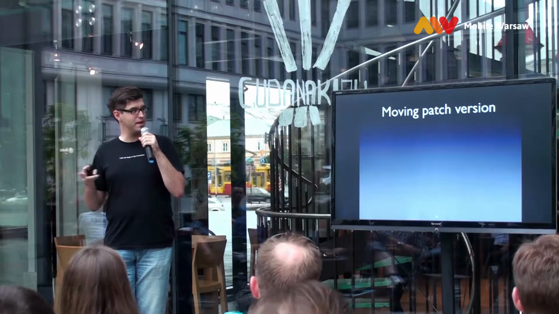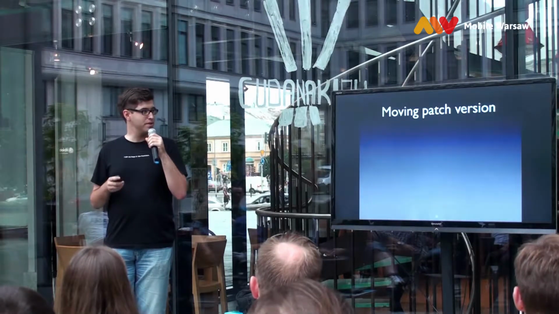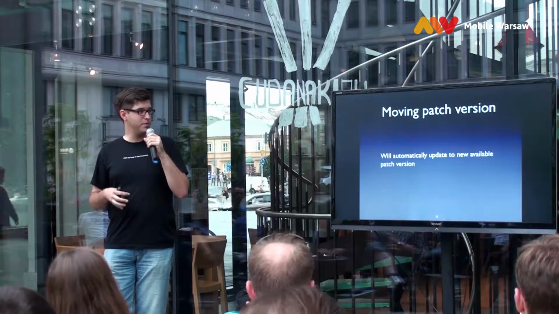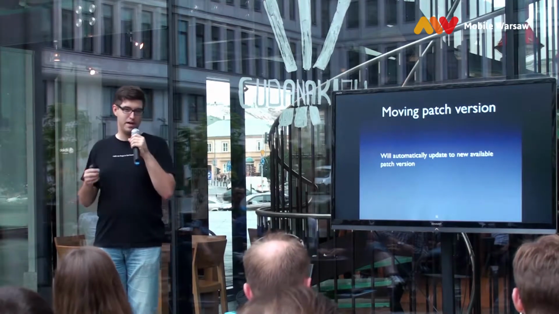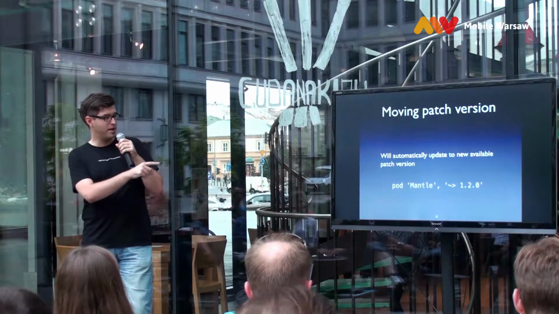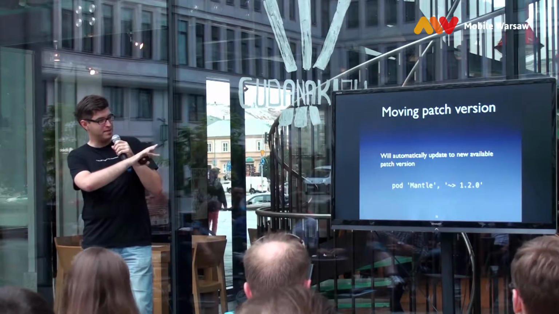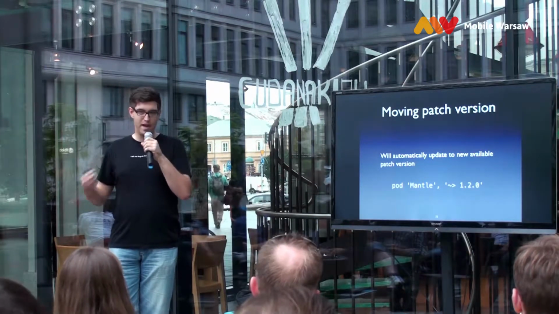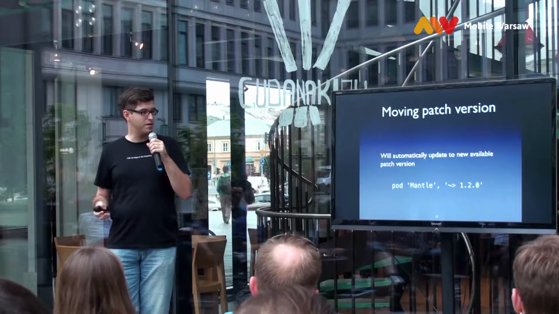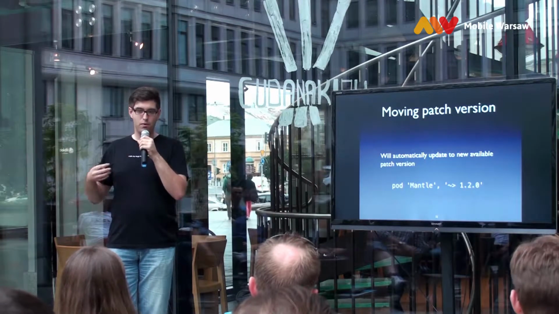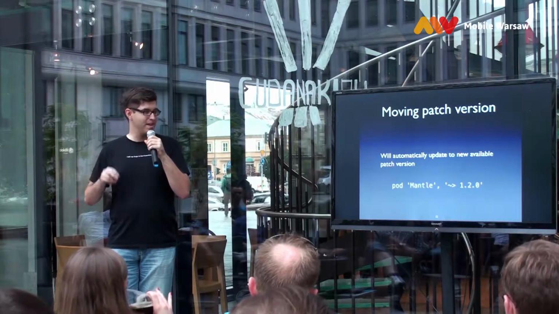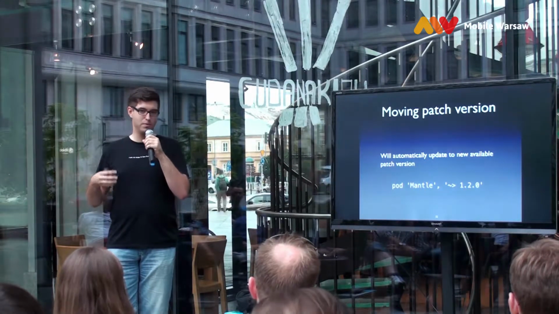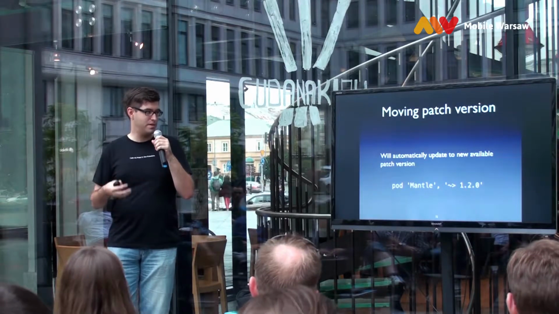And another nice trick that we use a lot is moving patch version. Moving patch version will automatically update to new available patch version. What I mean by that: if you write pod mantle and with that nice little arrow there, it will always update to version 1.2.x. So if I have installed version 1.2.0, but GitHub released a version 1.2.1, it will install the version 1.2.1 because I told it explicitly to do so.